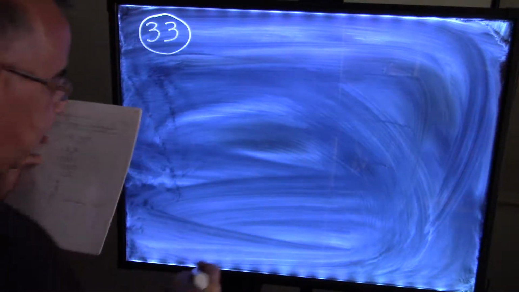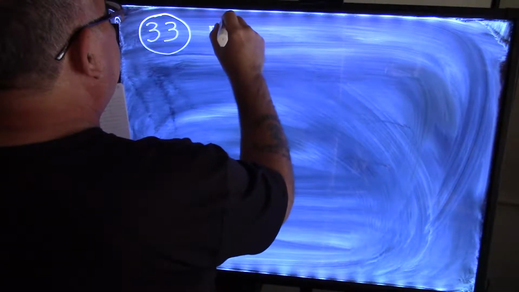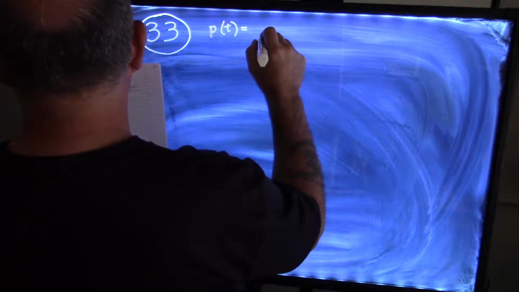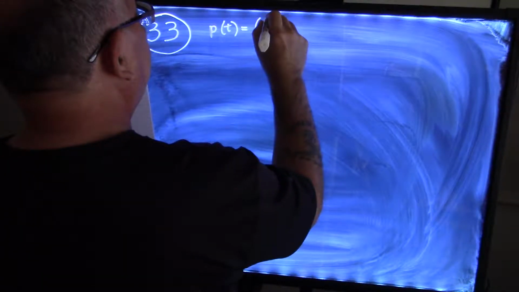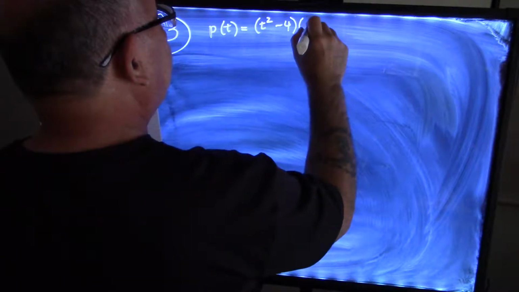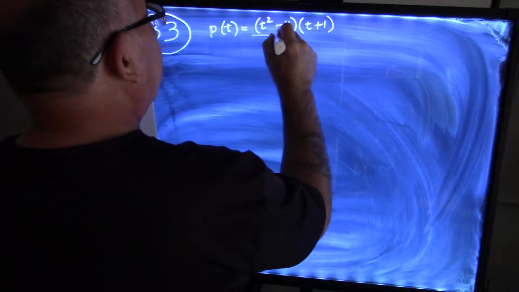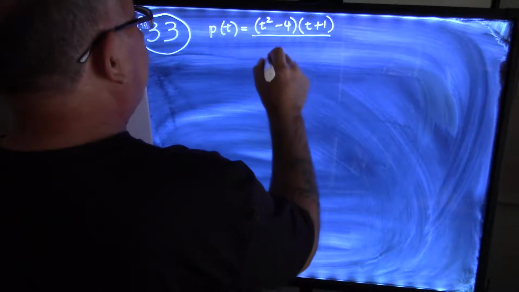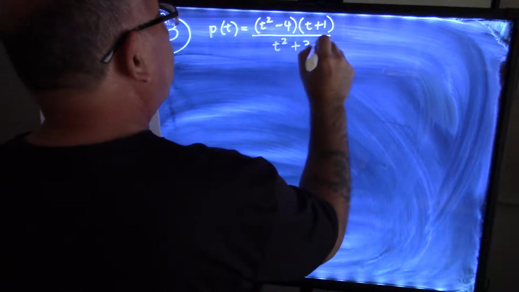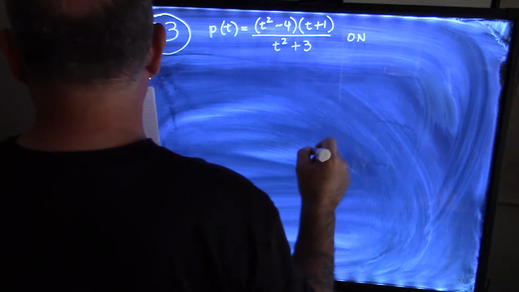Okay, we have number 33, and p of t is a rational function. Let me write this down. P of t is t squared minus 4 in parentheses times the quantity t plus 1 over t squared plus 3 on the interval from negative 3 to 1.